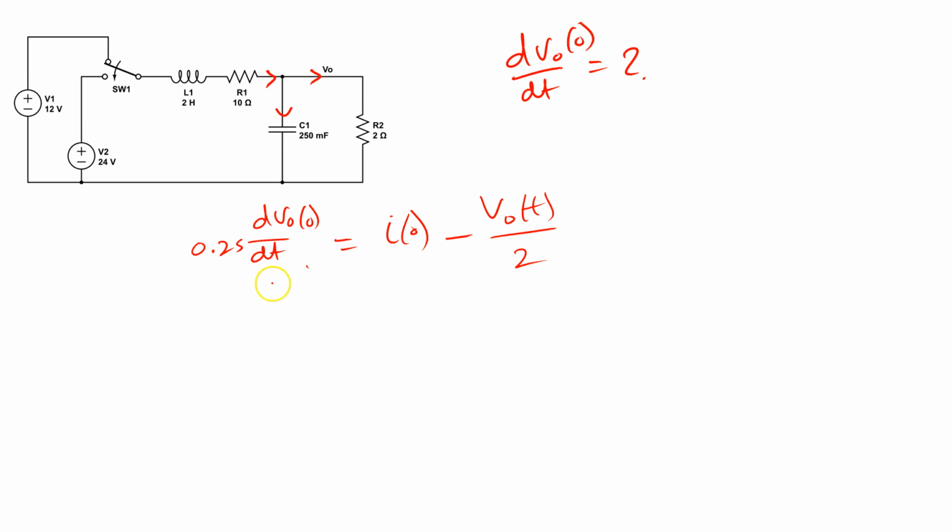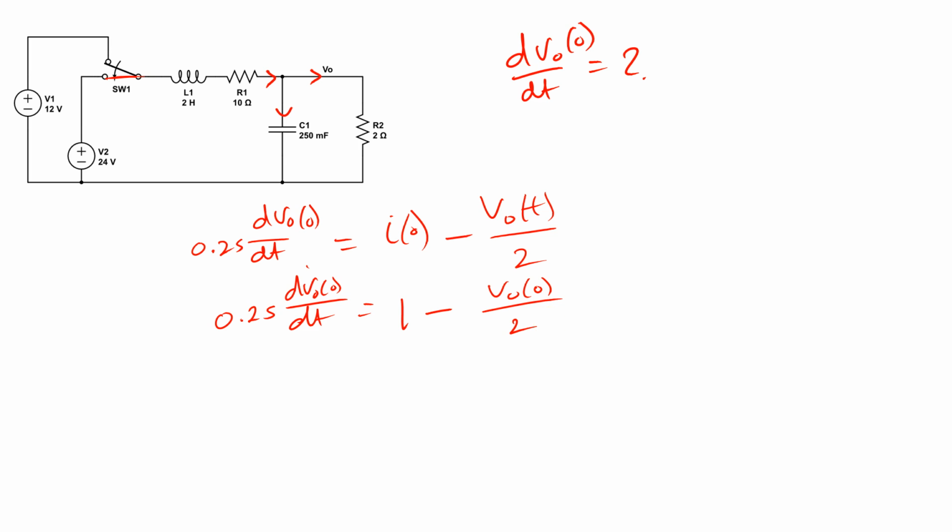And I know this initial current I0, remember, was 12 on 12, which was 1. So I have 0.25 dV0/dt is equal to 1 minus V0 at 0 on 2.